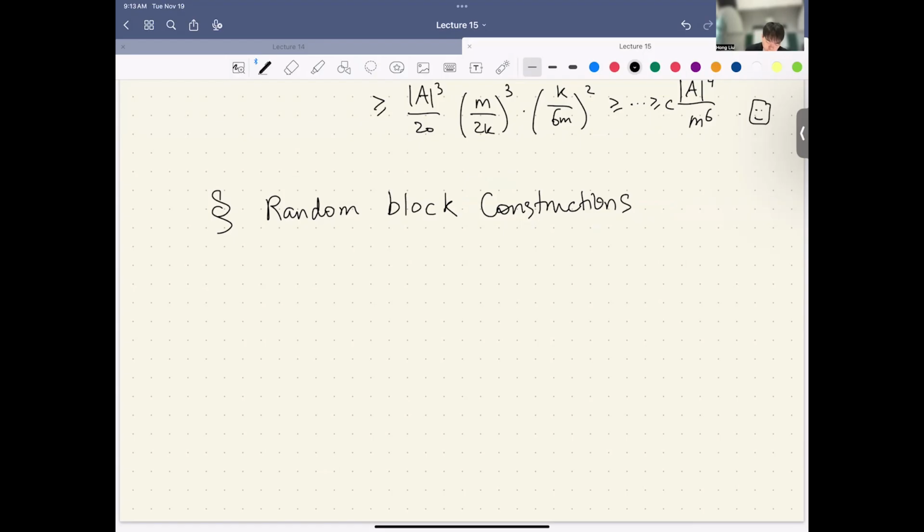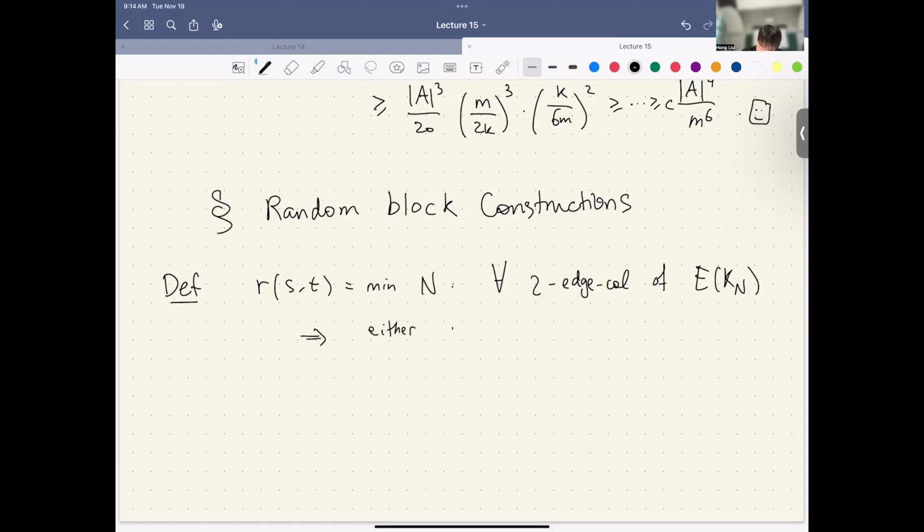The Ramsey number R(s,t) is the minimal integer n such that for any two-edge coloring of the complete graph on n vertices, we will get either a red copy of K_s or a blue copy of K_t.